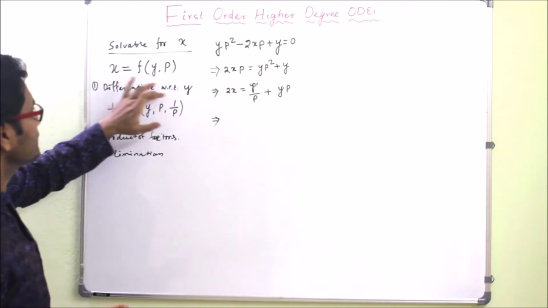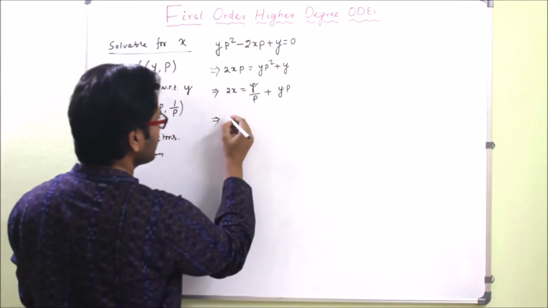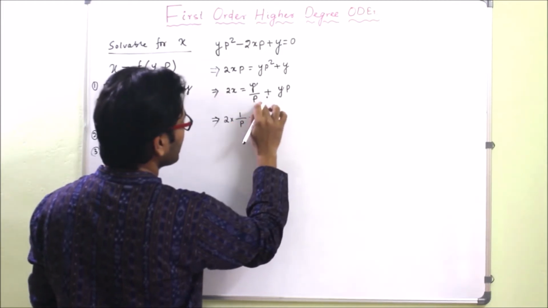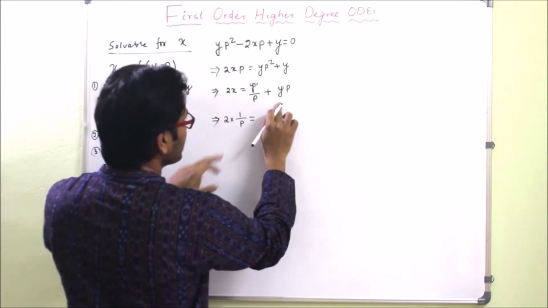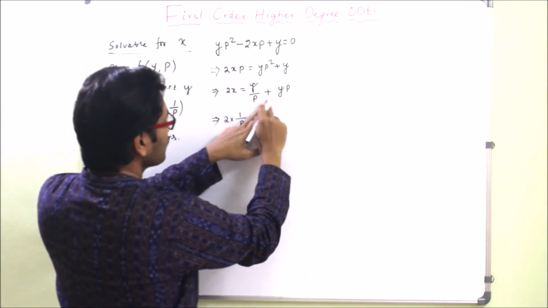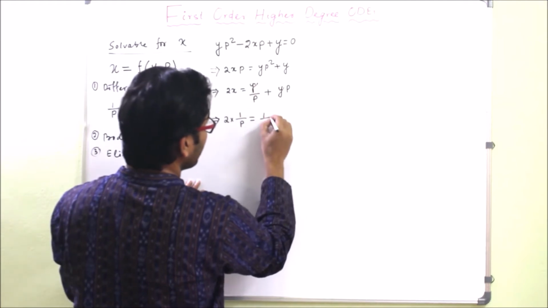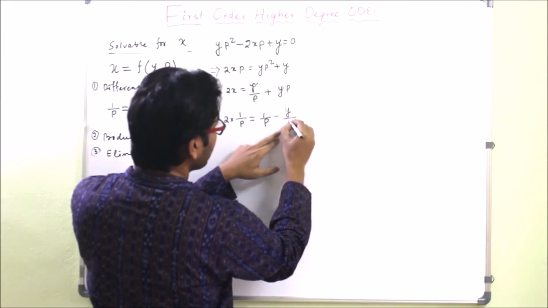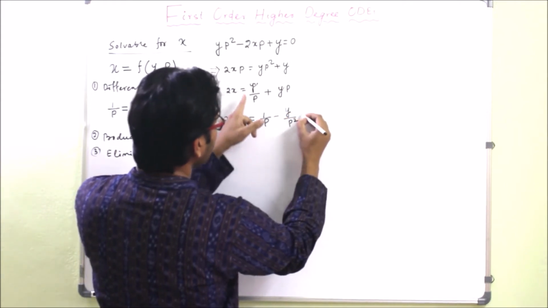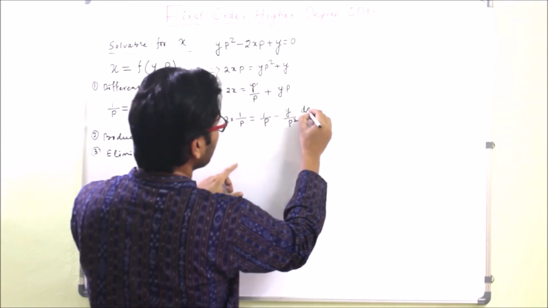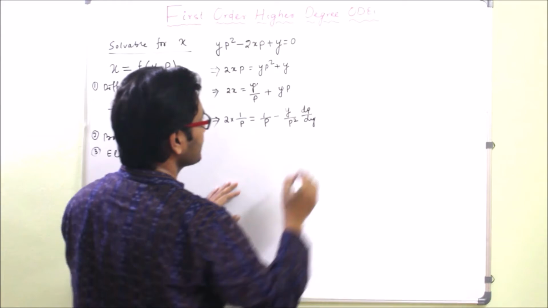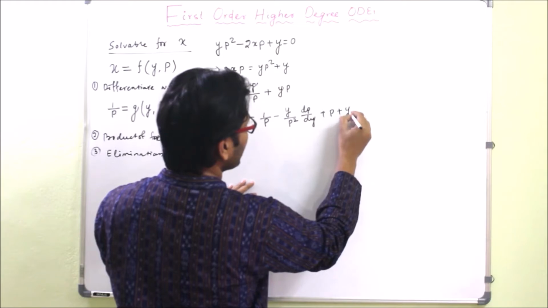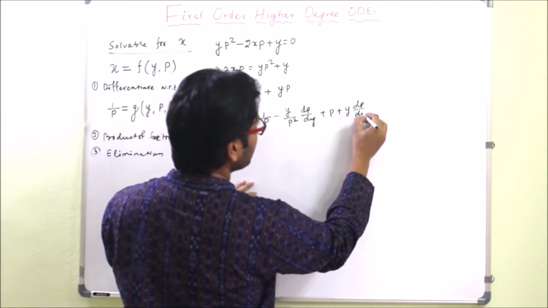After that, we have to differentiate with respect to y. If we differentiate with respect to y, the left side will be 2 into 1 by p. On the right side we also differentiate with respect to y: it will be 1 by p minus y by p square dp by dy, plus p plus y into dp by dy.